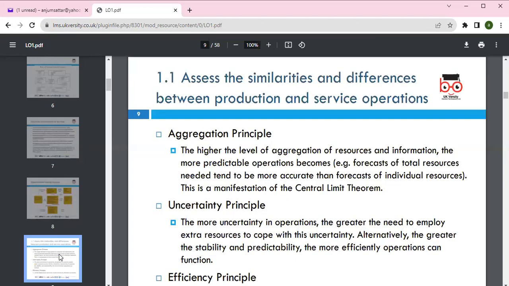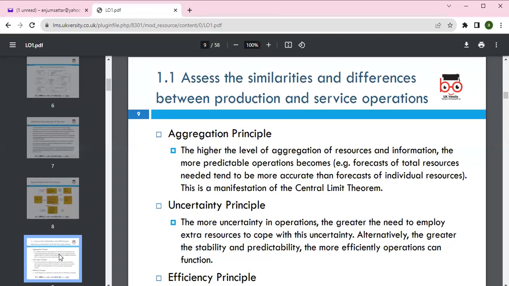Then we've been given the assessment criteria which we can contextualize, like assessing the similarity and difference between production and service. Aggregation principle: the higher the level of aggregation of the resources and information, the more predictable the operation becomes, and the forecast of the total resources needed tends to be more accurate than forecasts of individual resources.